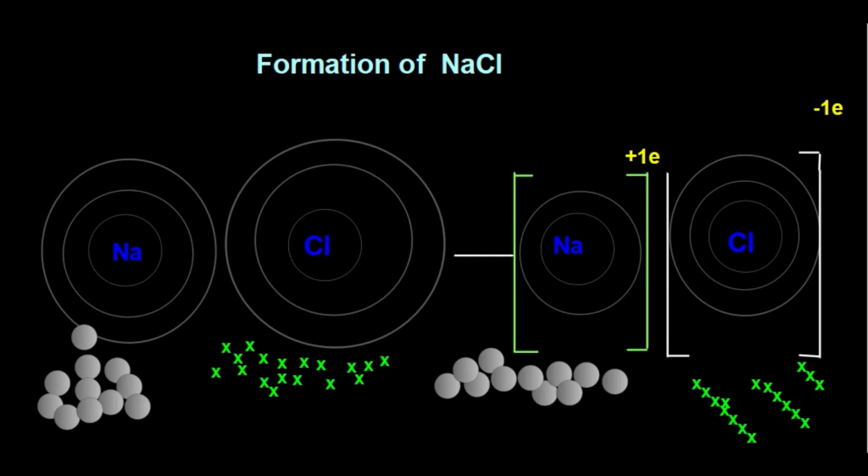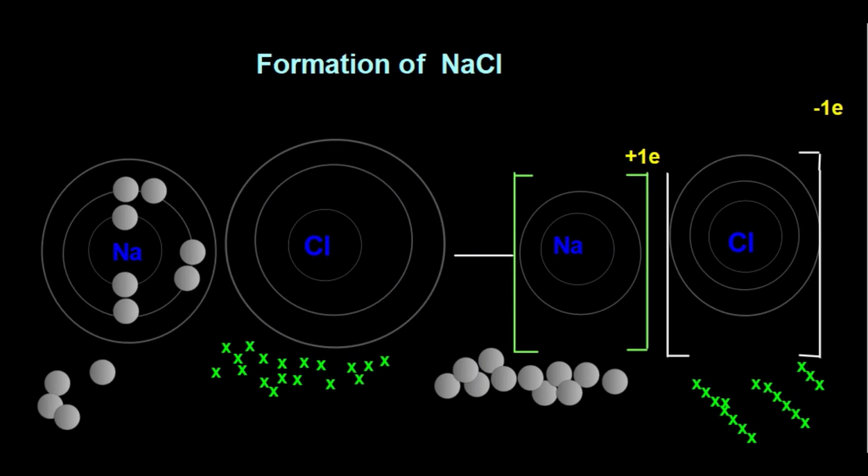First of all, we will write the electronic configuration for sodium. We know in sodium, in the K shell, there are 2 electrons. So we write 2 electrons in the K shell. In the L shell, sodium has 8 electrons, so we write 8 electrons, 1, 2, 3, 4, 5, 6, 7, 8.